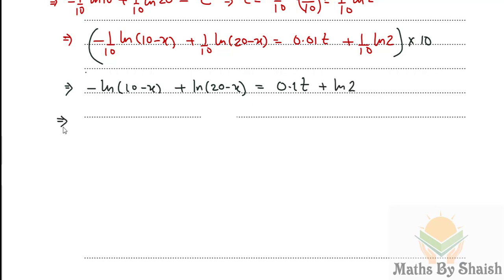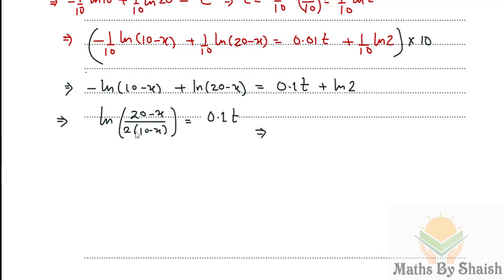So taking all the log terms to one side and using the property, we can directly write it as ln of (20 minus x) over (2 times (10 minus x)) equals 0.1 t.